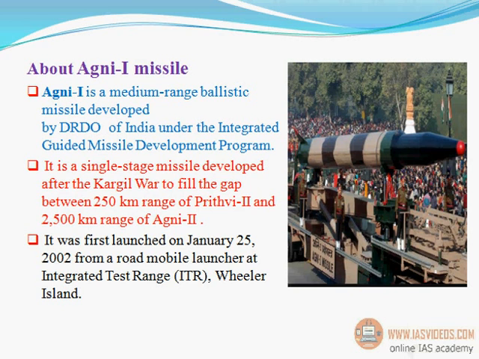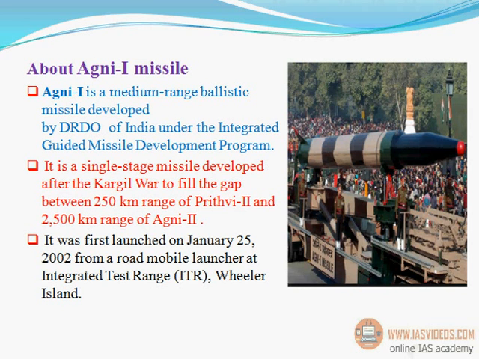Agni-I is a medium-range ballistic missile developed by DRDO of India under the Integrated Guided Missile Development Program. It is a single-stage missile developed after the Kargil War to fill the gap between the 250 km range of Prithvi-2 and the 2,500 km range of Agni-2.